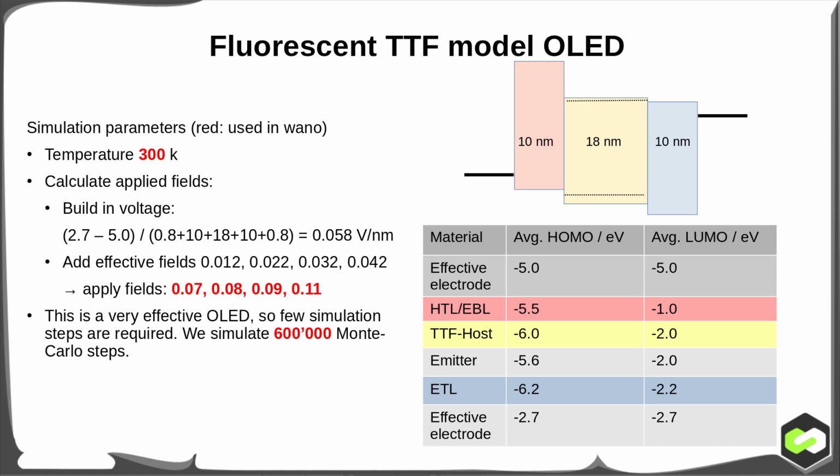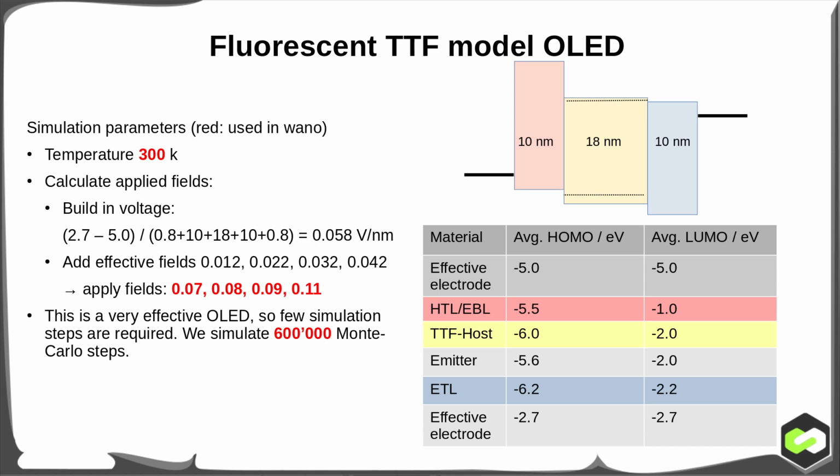So to get a current, on top of this we add 4 different fields. The smallest field will be 0.021 volt per nanometer, then 0.022, 0.032, and 0.042 volt per nanometer.